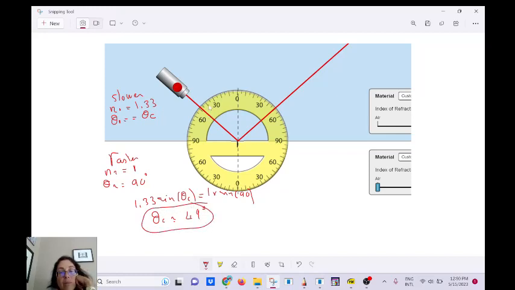So when you have about 49 degrees here, the beam is going to be along the surface. That will be the critical angle. And if your incidence angle is greater than 49, there will be a total reflection.